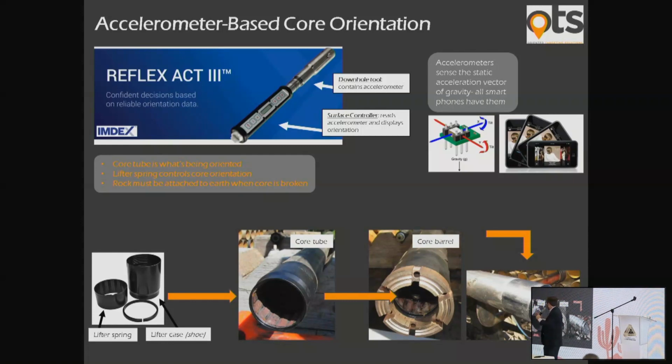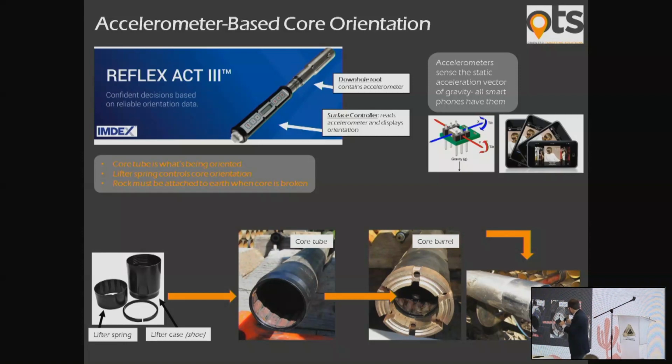Whenever you turn the screen on your smartphone, it orients the screen relative to the viewer. Here the tool is screwed on the top of the core tube, and when core orientation is going on, it's actually the tube steel that the rock goes into that is being oriented. What controls the relationship of the rock to the steel is the lifter spring, which slides in behind the drill bit in the barrel.